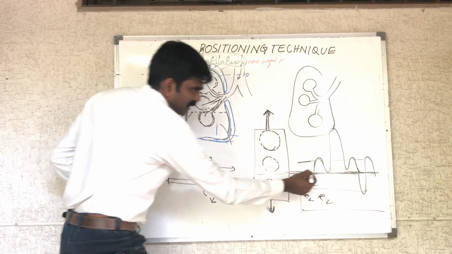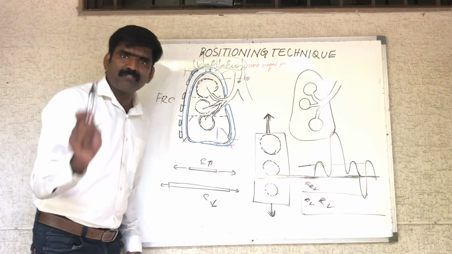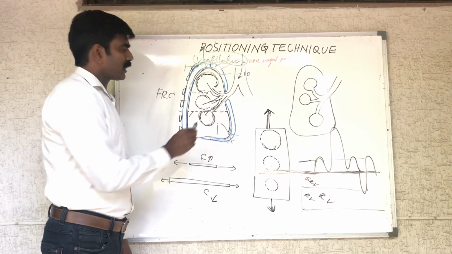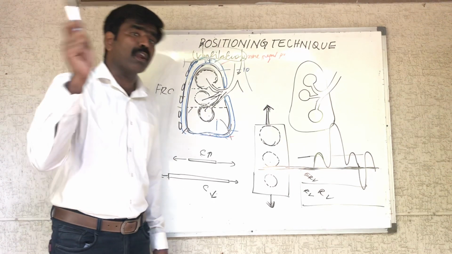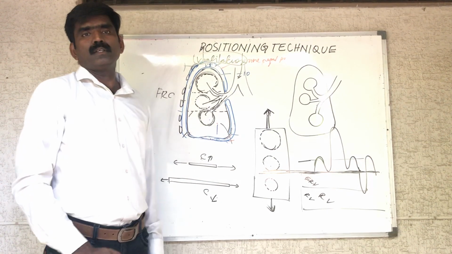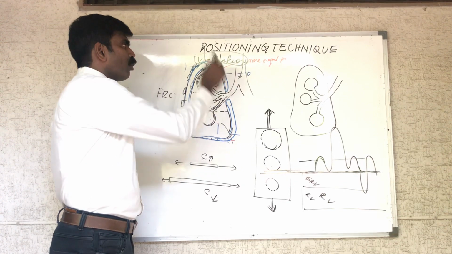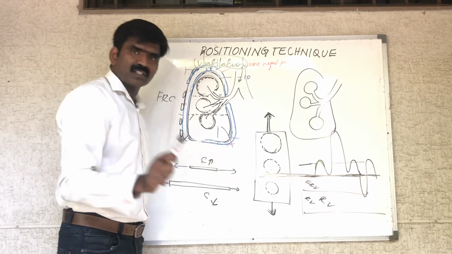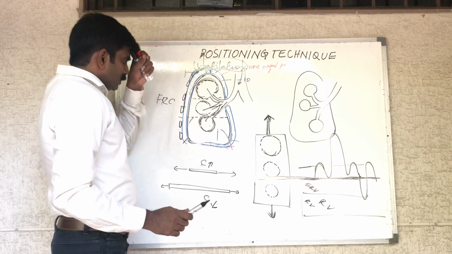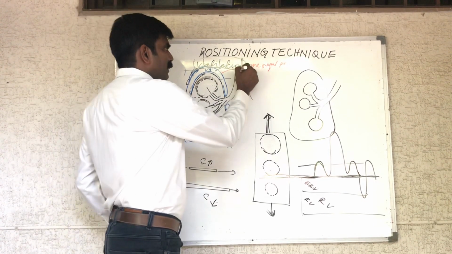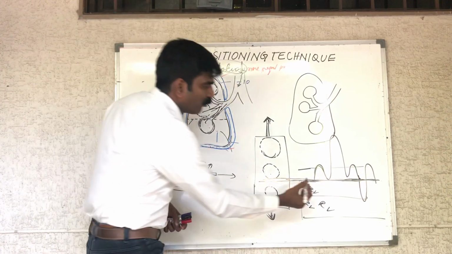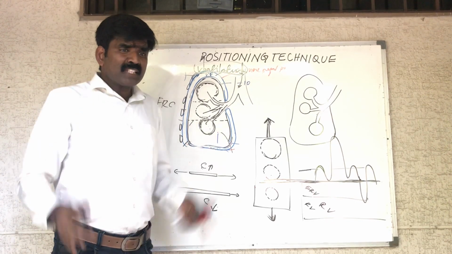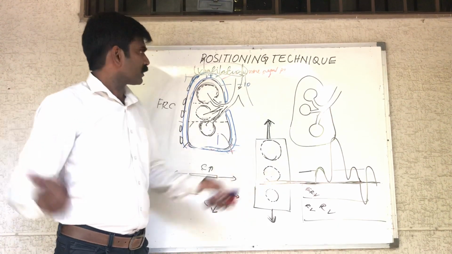At FRC, the size of the alveoli in the upper zone is large compared to the lower lobe, because it is already inflated, because the negative pressure is more, and here it is less inflated because negative pressure is less.